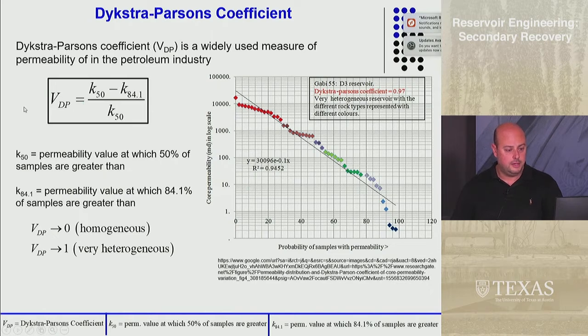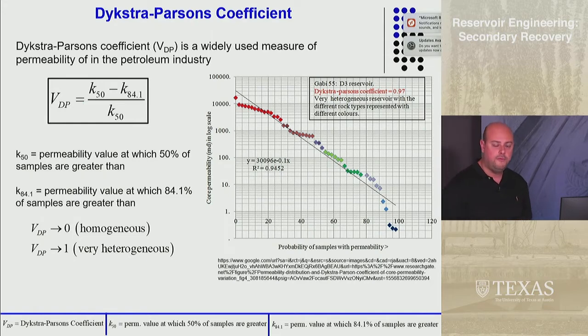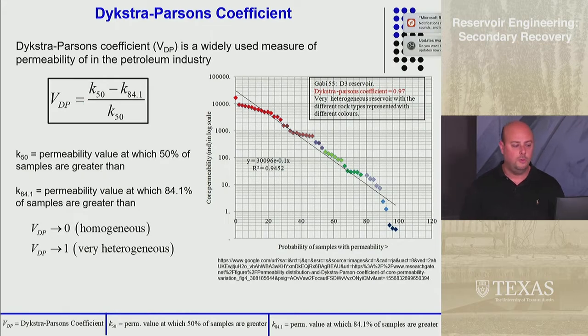And so you do this calculation based on your sample data, and you will get a number between 0 and 1. You won't get anything negative, you won't get a value greater than 1. A perfectly homogeneous sample would have a Dykstra-Parsons coefficient equal to 0.